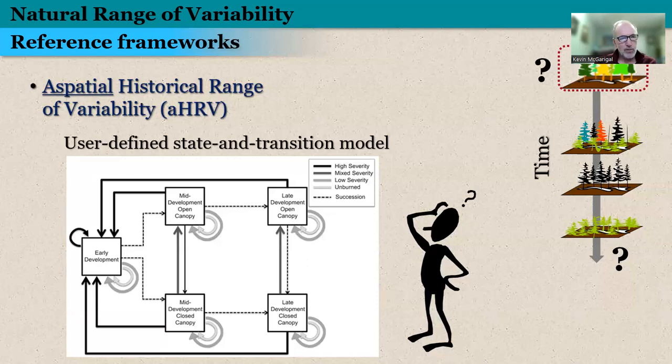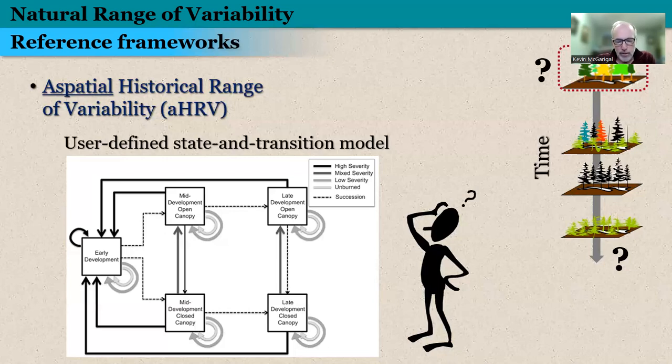They correspond to a unit of undefined extent that exists in one of these states and how it might transition from state to state over time under a natural disturbance process. It's also atemporal in that time is not explicit in the model. We simply simulate disturbance processes and the probabilities of their causing transitions from one state to another.